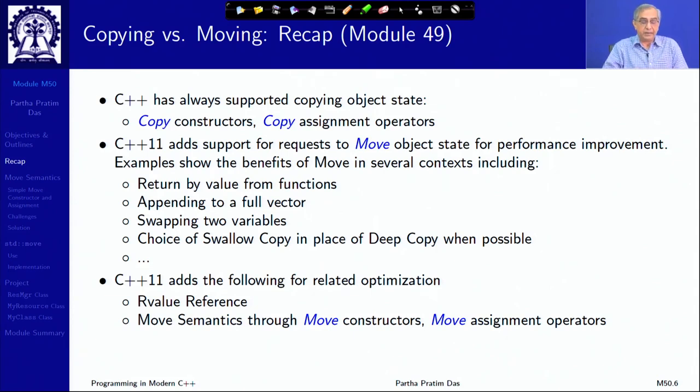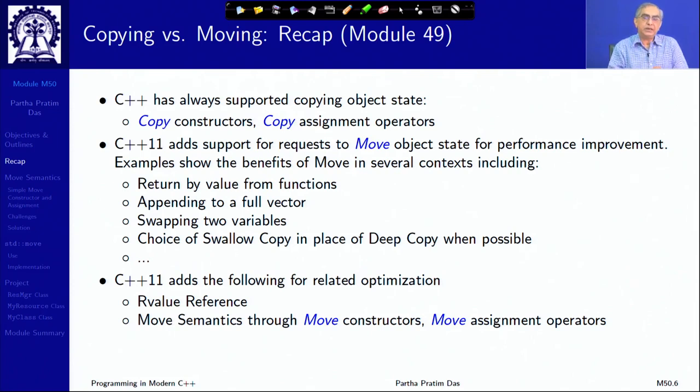And we have seen several examples for that improvement that can happen when you return a value from a function by return by value mechanism, when you append to a full vector or you swap two variables, or different contexts where there is a choice between shallow copy and deep copy.